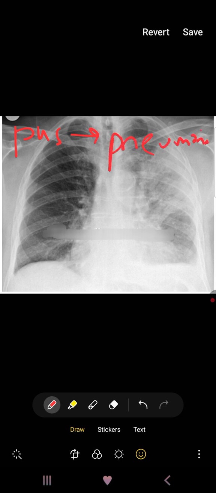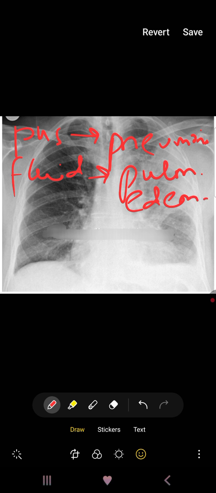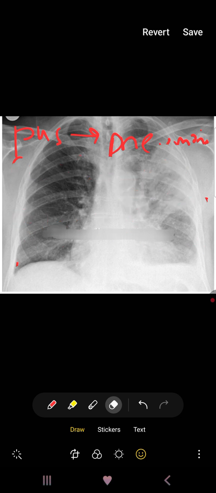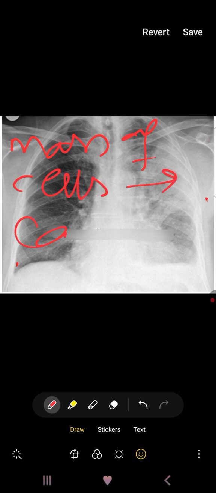This consolidation may be pus, as may occur in pneumonia. It may be fluid, as may appear in pulmonary edema. It may even be blood, as may occur in pulmonary hemorrhage, or it may be a mass of cells, as may occur in cancer.